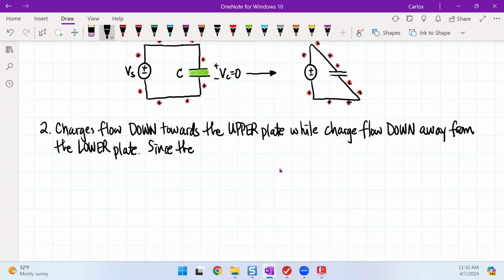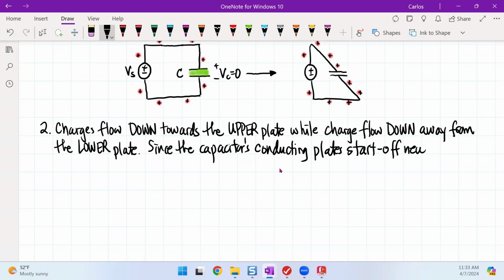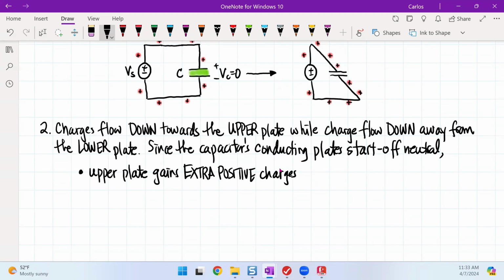Since the capacitor's conducting plates start off neutral, we could see here that the upper plate gains extra positive charges. And that means it gets more positive.